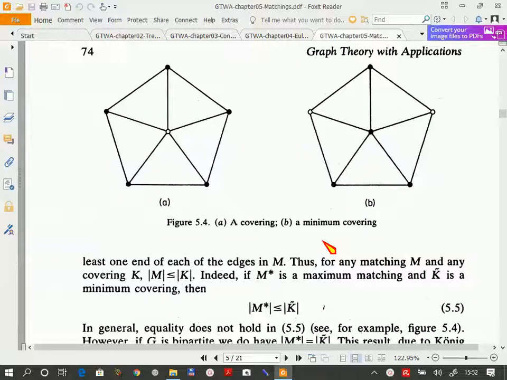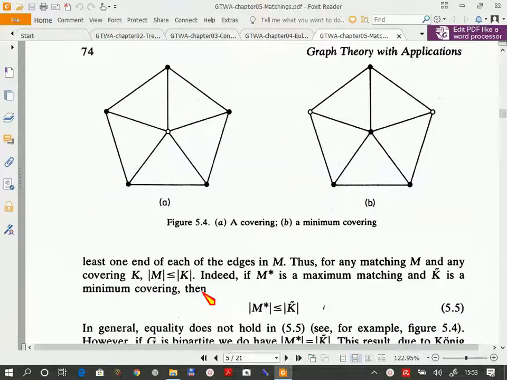But this is one edge of the graph, and so in the covering, you have a ward on at least one of the two ends of this edge. Take another edge; it's another edge of the graph. So there is at least one vertex of the covering at one end of this edge, and so on and so forth. Okay. So what happens if you take an edge? How can we see that the number of elements in the matching is less than or equal to the number of elements in the covering?